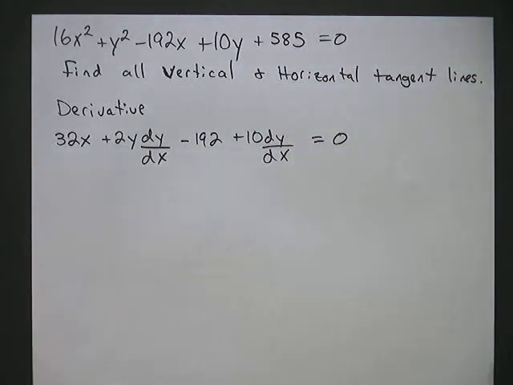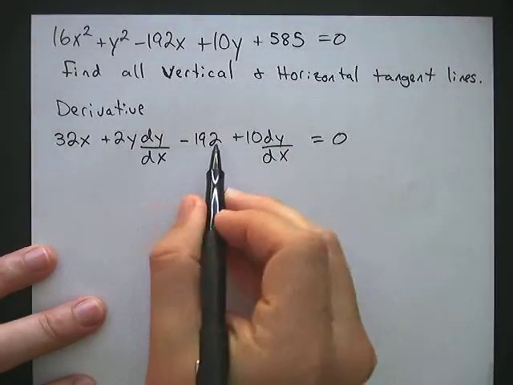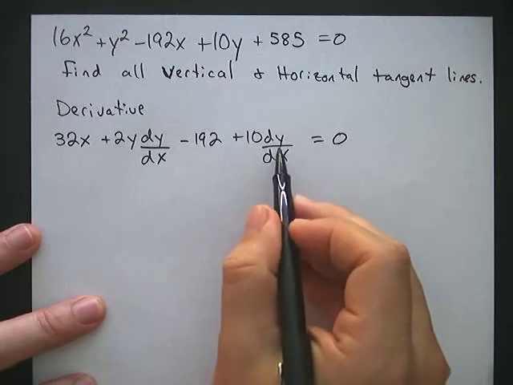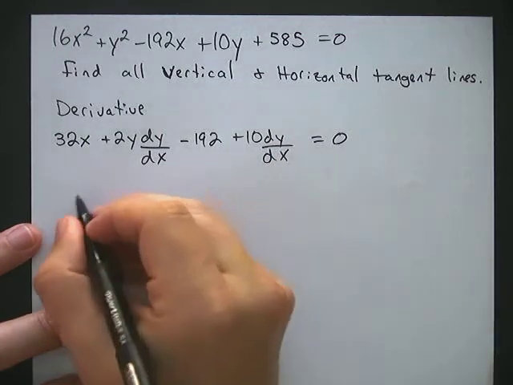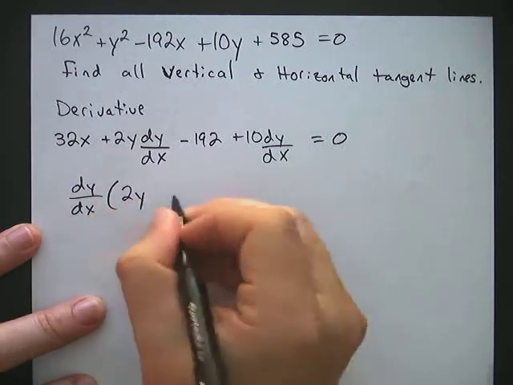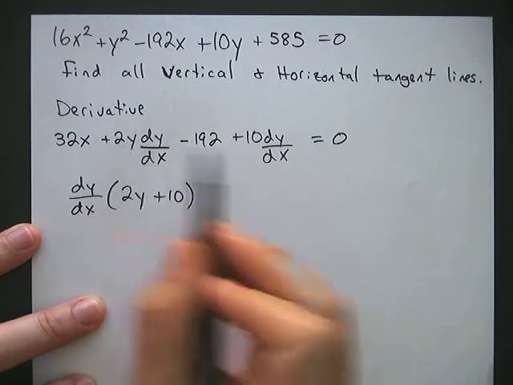Let's clean that up and solve for dy dx. I'm going to move these two terms, the 32x and the 192, to the other side, and factor the dy dx out of the other two terms. So we put the dy dx out front, which leaves 2y plus 10. That's the two terms that were connected to the dy dx.